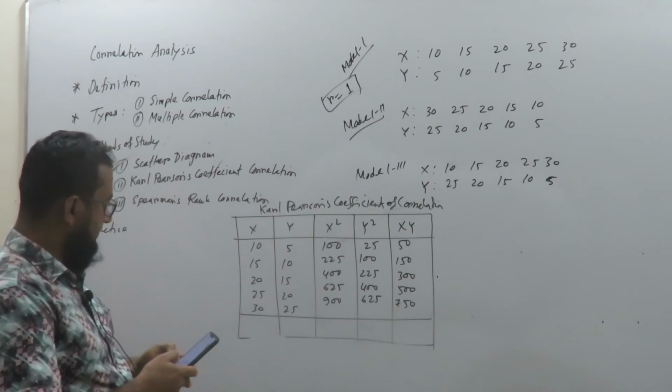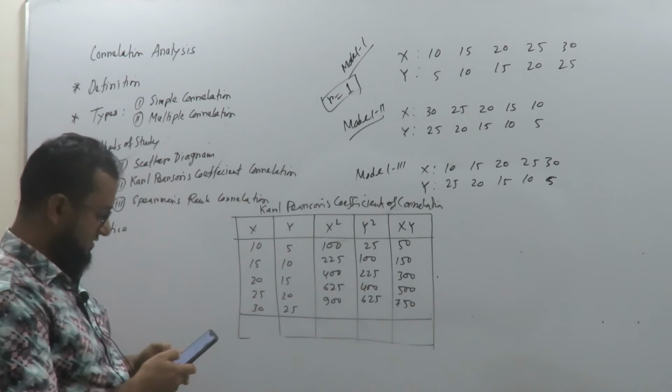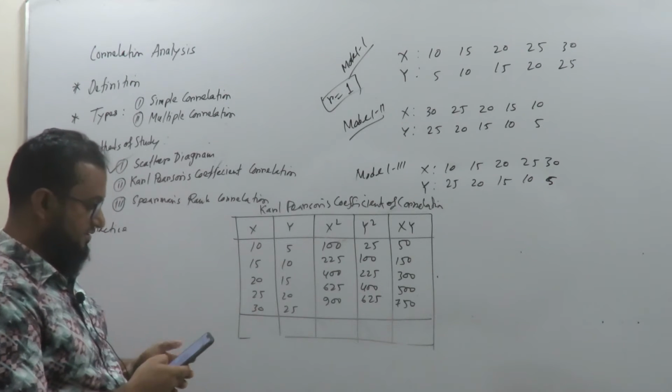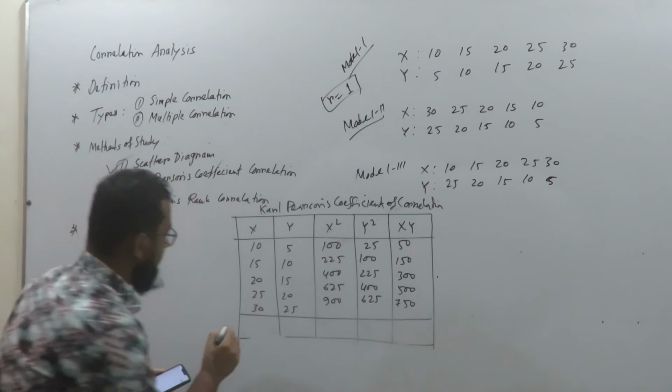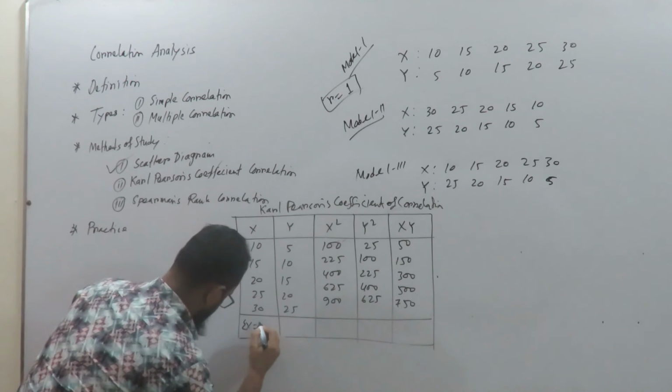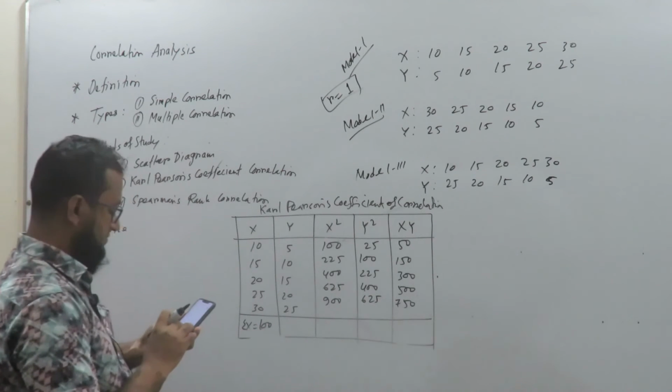10 plus 15 plus 20 plus 25 plus 30, summation x equal to 100.